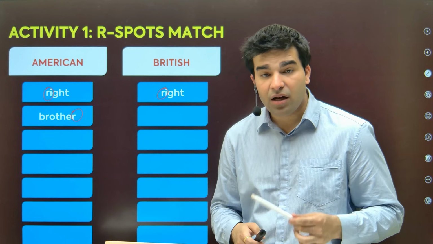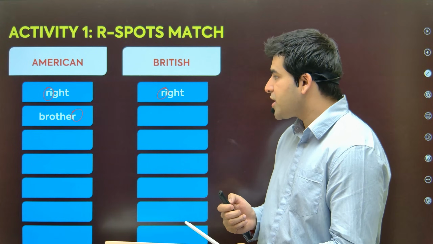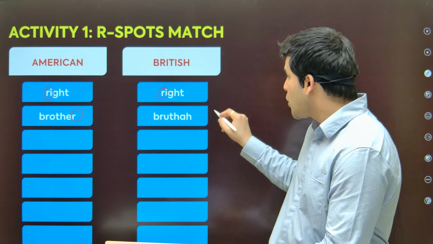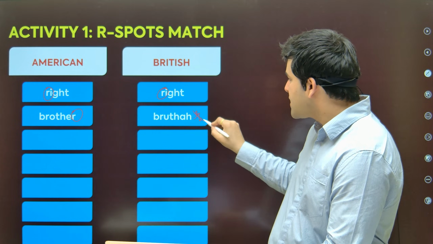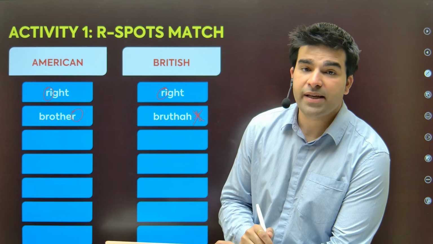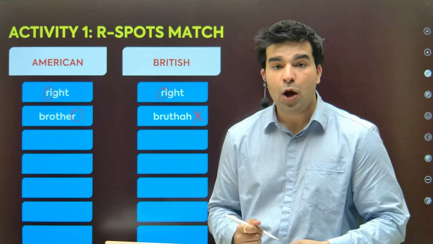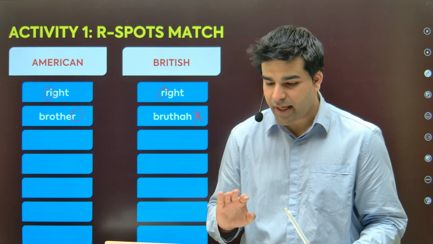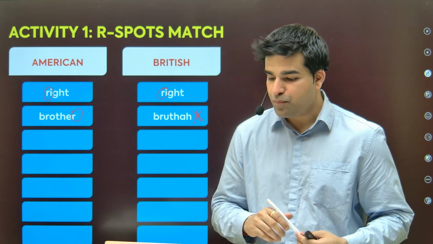On the other hand, R in British English is brother. So R is silent. It's dropped. We are not saying it. So repeat after me. Brother. R is silent. We don't say it. Okay? One more time. Brother.